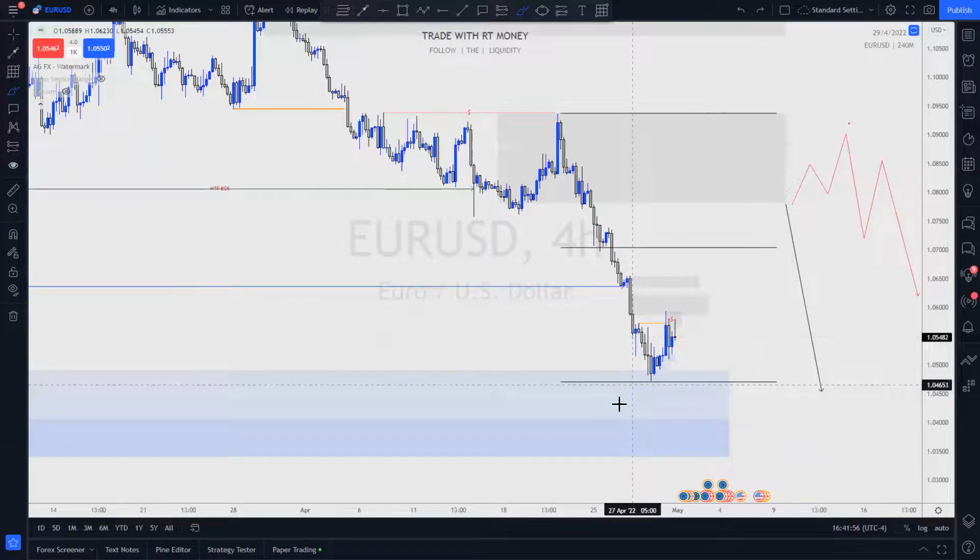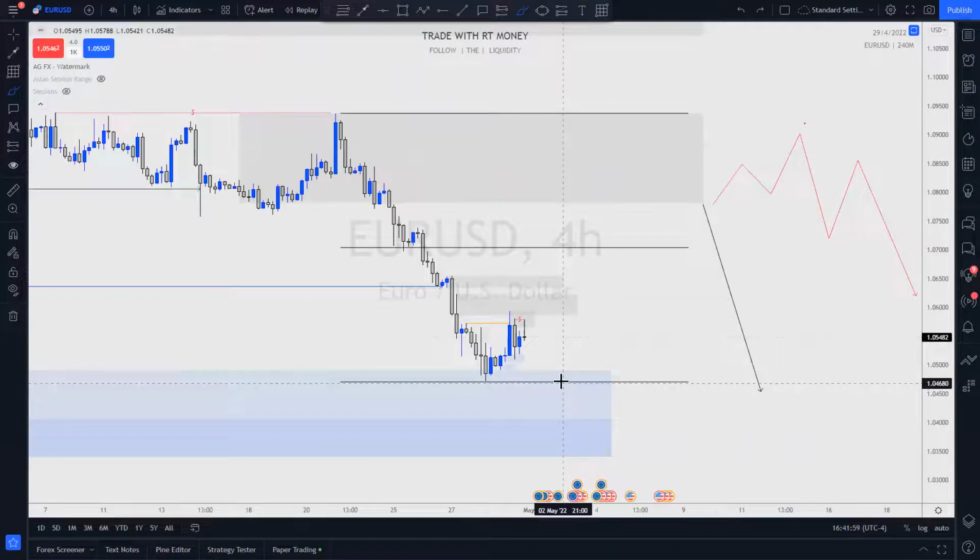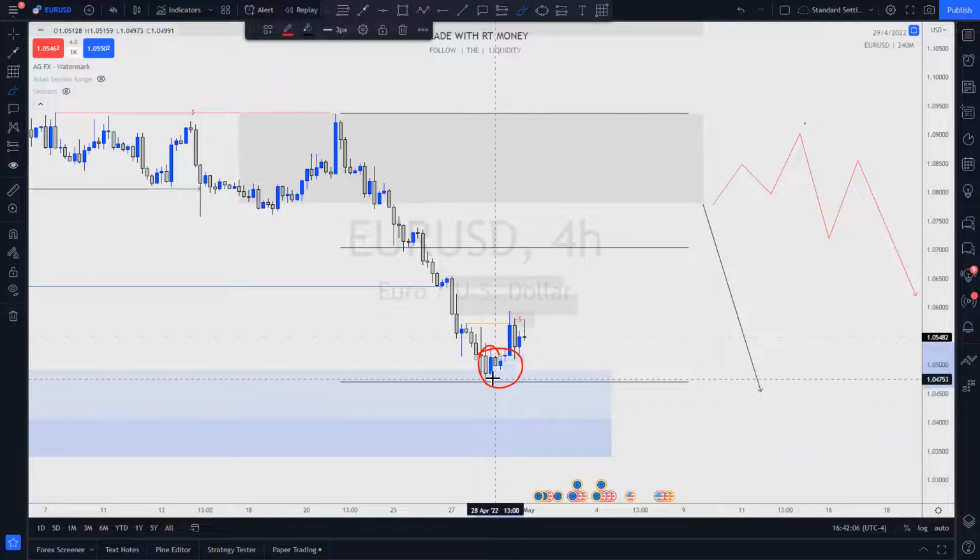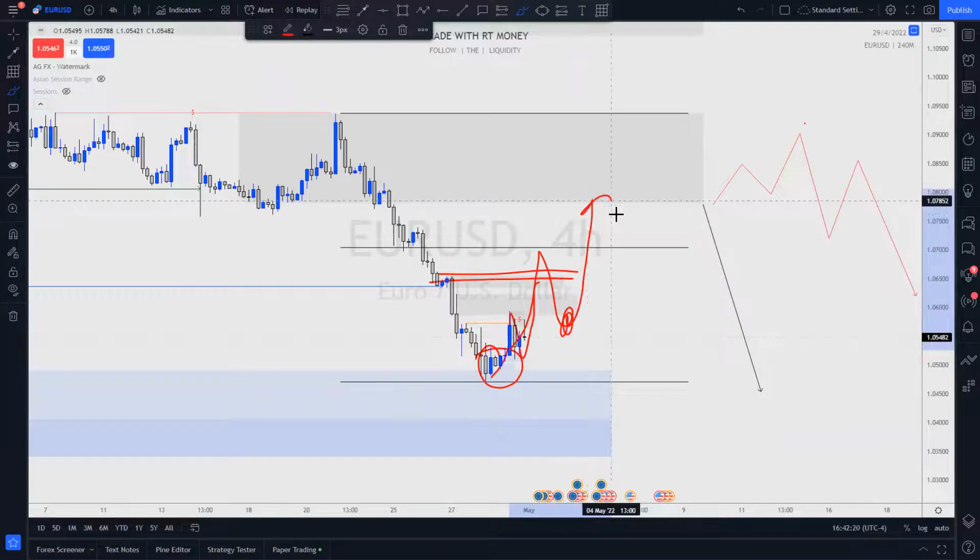But I'm not taking it without a confirmation entry. I'm not taking it just on a change of character down here. It's already did a change of character. It's already returned to impulse. I need to see a break higher. I need to see a demonstration that price wants to go higher before I take this long up to here.